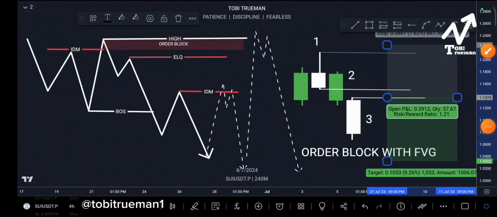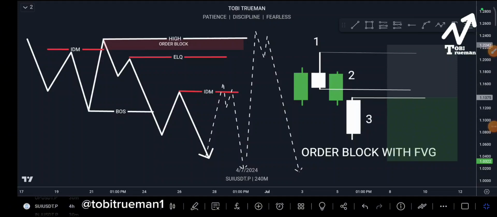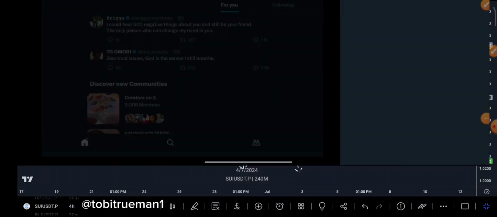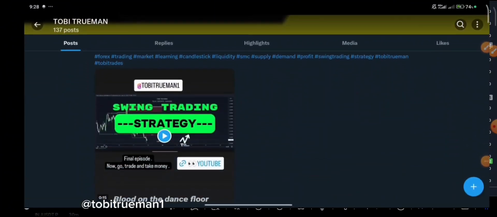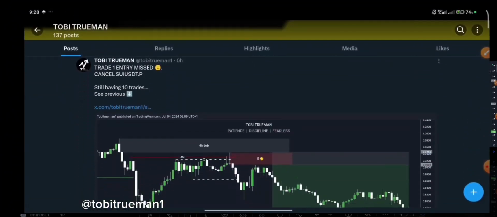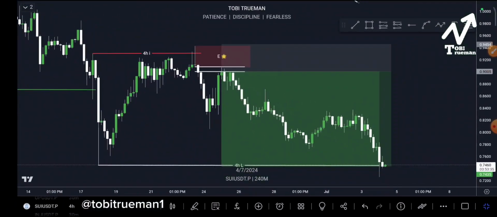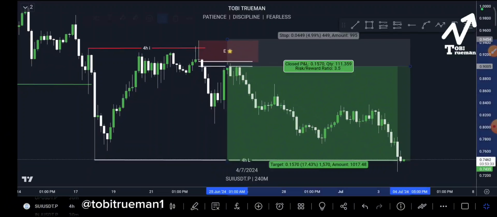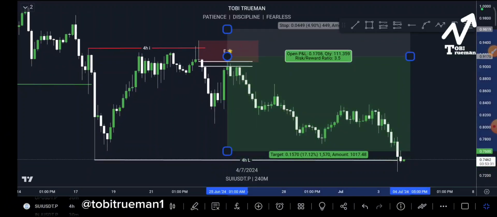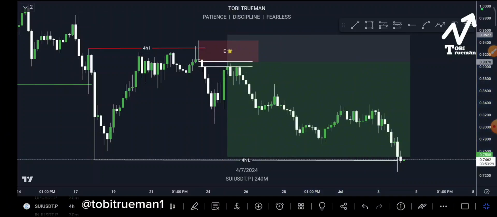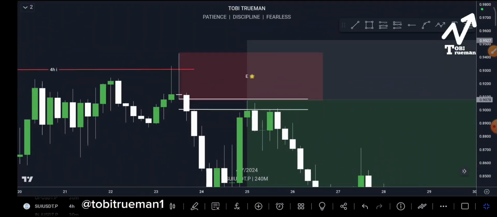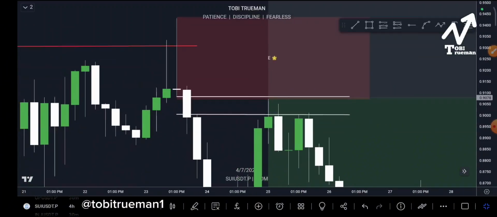Now I'm prompted to make this video based on the signal I gave on my Twitter account. You can check it out. You see, the trade was a beautiful trade, but why it did not get tapped, that's what I want to explain now. The entry I made was at this high point. Let me zoom in. This is what I'm talking about.